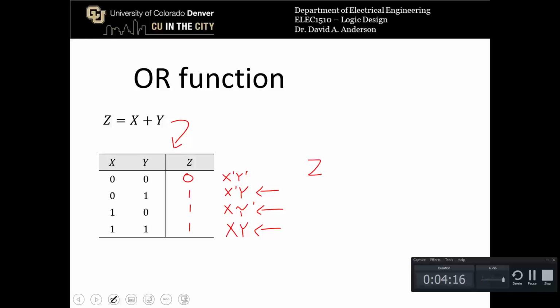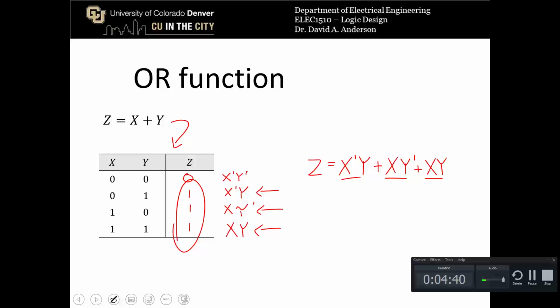So in its most expanded possible form, z is equal to x prime y plus xy prime plus xy. Because z has three conditions that make it a 1, it has three possible input states that we OR together to get the full output.